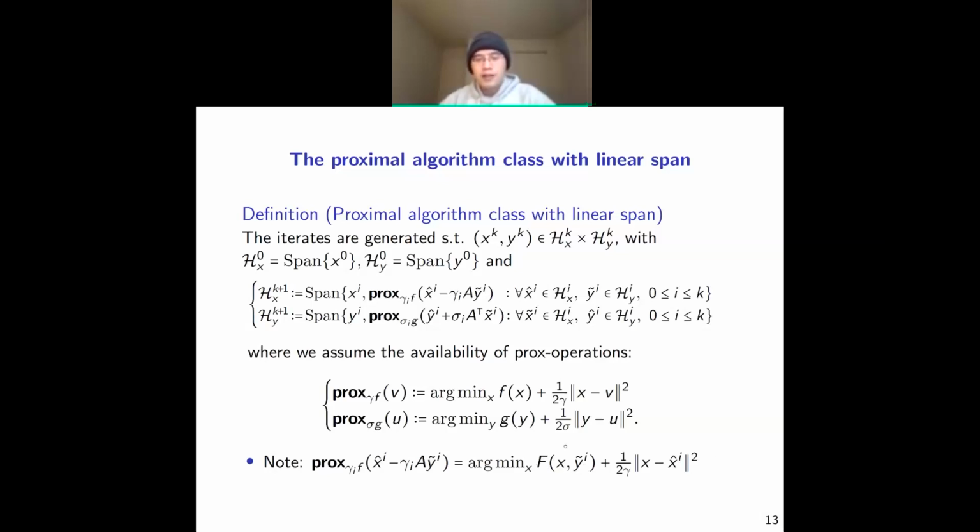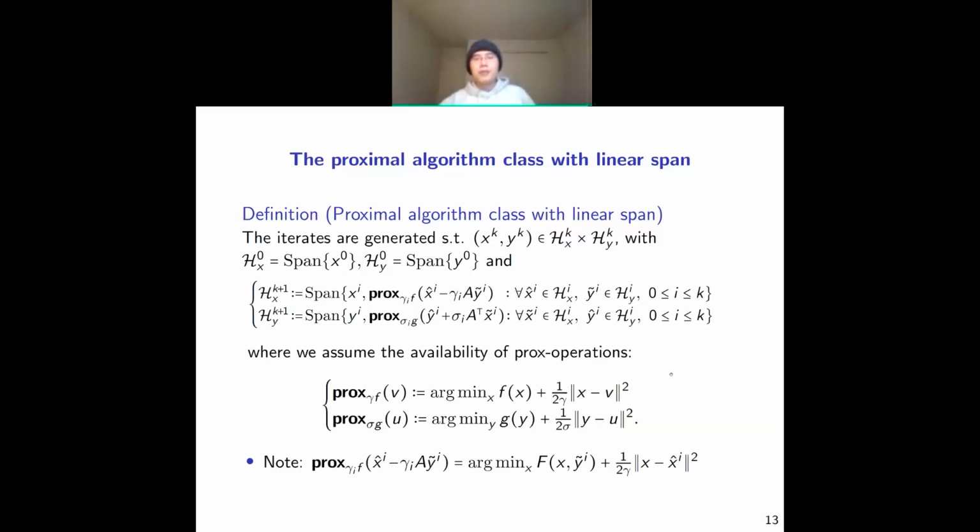This is exactly our minimax objective function with y fixed as this y tilde i, and with an additional proximal term with your proximal center as this x hat i. So this is a partially optimal x for any fixed y. So the subspace for x will be the linear span of these x.